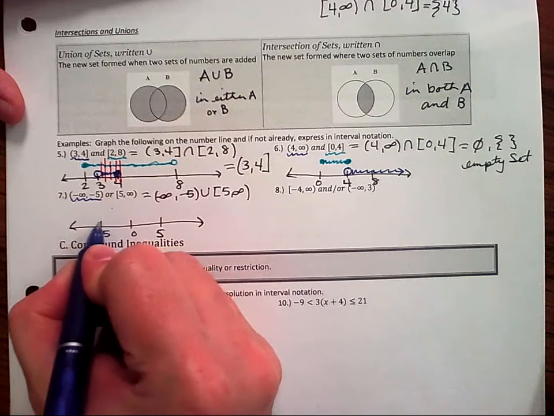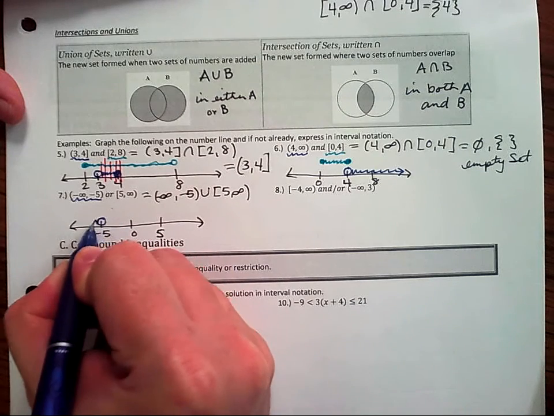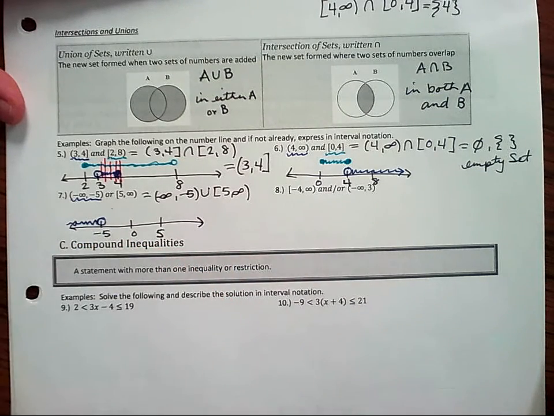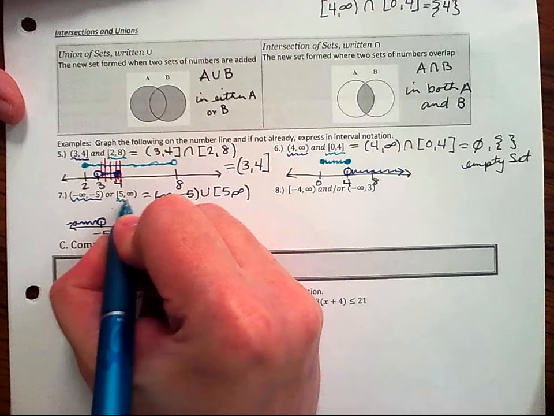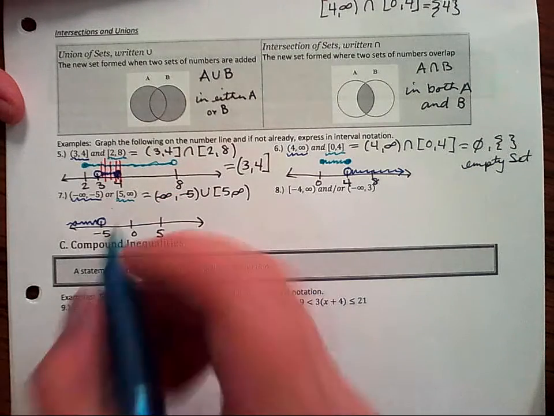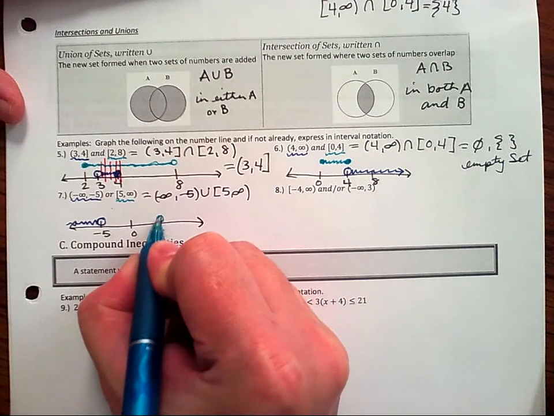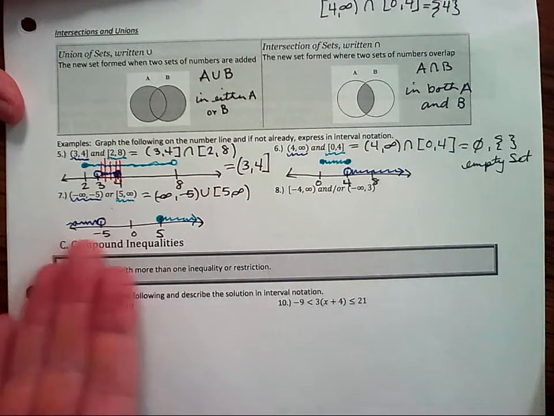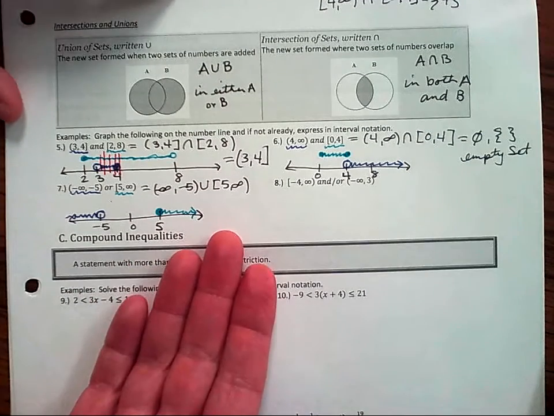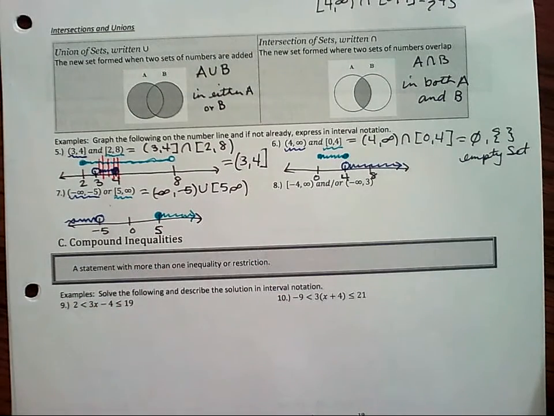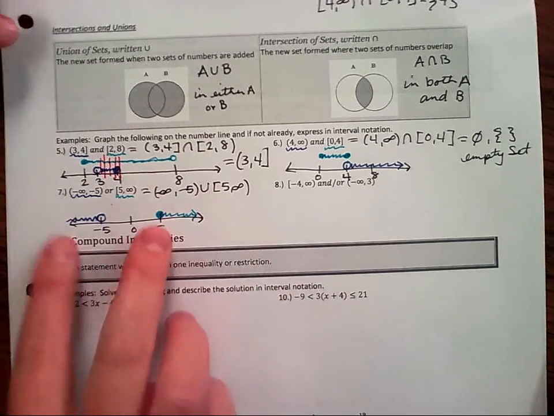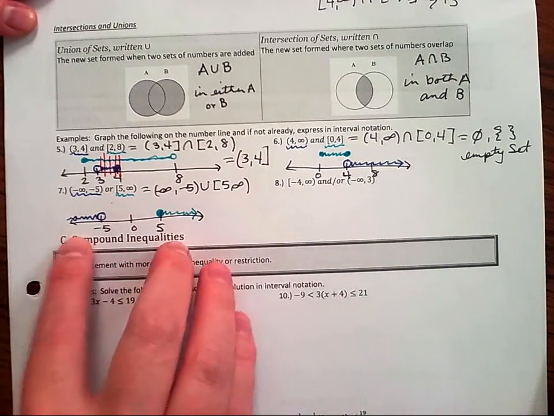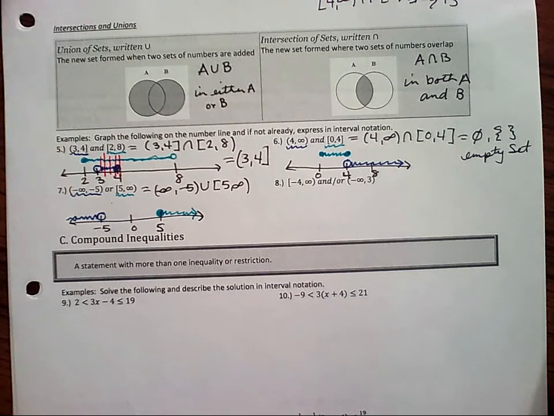So negative infinity to 5, negative 5 is like this. Open circle around 5, squiggle to the left. 5 to infinity is closed circle, squiggle to the right. And I can't write that any nicer because the "or" is I'm just combining them, right? I'm adding them together. I'm combining them. So this is just the answer. I can't simplify it at all.